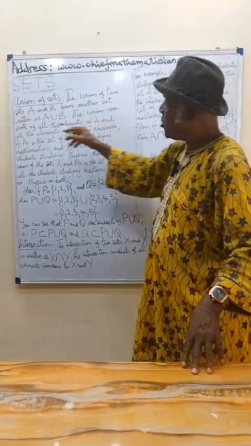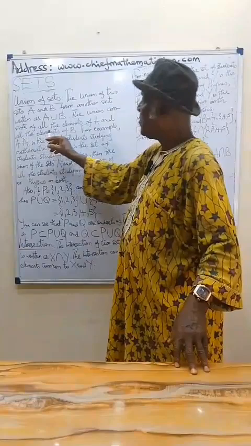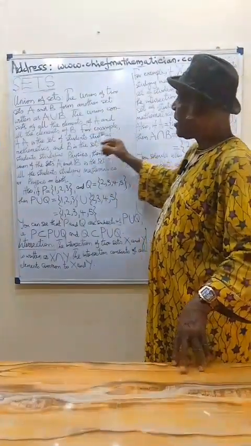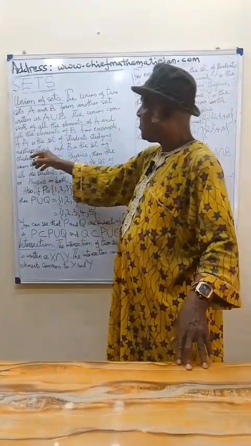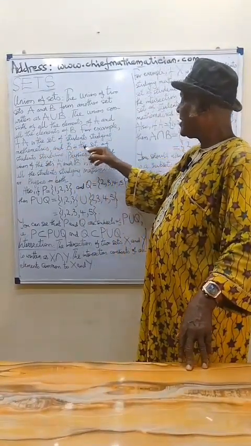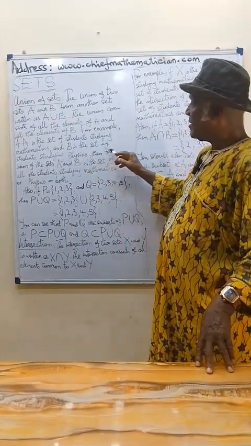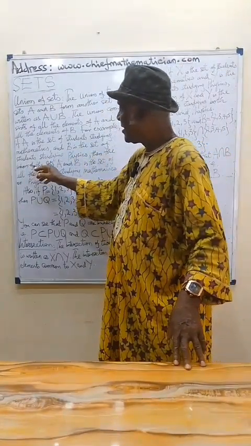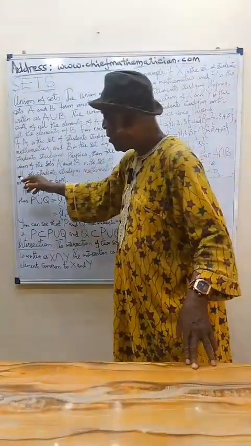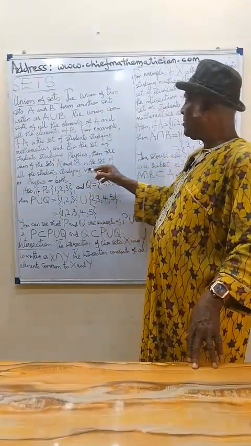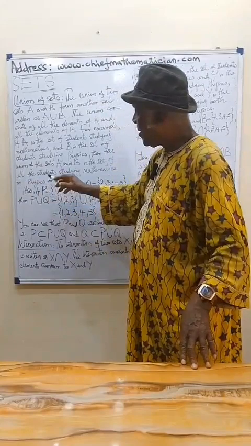The union consists of all the elements of A and all the elements of B. For example, if A is the set of students studying mathematics and B is the set of students studying physics, then the union of the sets A and B is the set of all the students studying mathematics or physics or both.